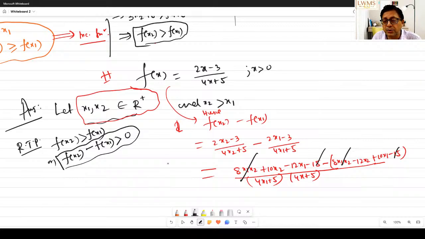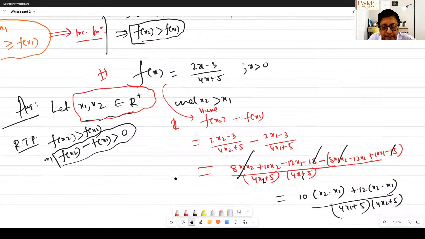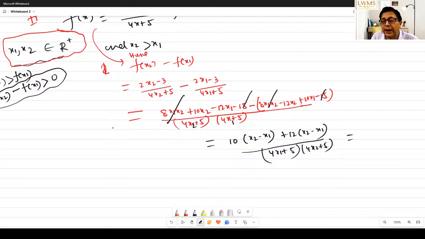Minus 15 plus 15 also, and we get 10 into (x2 minus x1) plus 12 (x2 minus x1) by (4x1 plus 5) into (4x2 plus 5). Okay, this you can write as 22 into (x2 minus x1) by (4x1 plus 5)(4x2 plus 5).